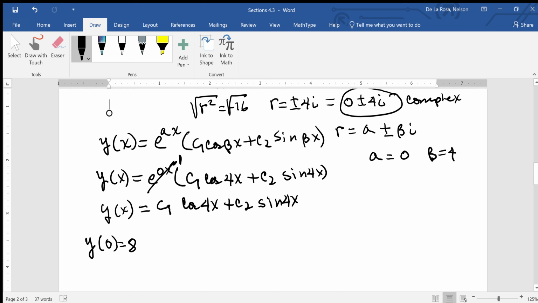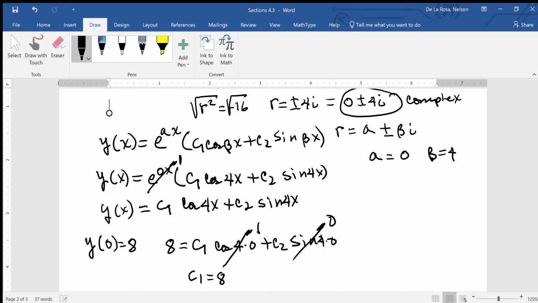So we have that 8 is equal to c1 cosine of 4 times 0 plus c2 sine of 4 times 0. Sine of 0 is 0. Cosine of 0 is 1. So c1 is simply 8.